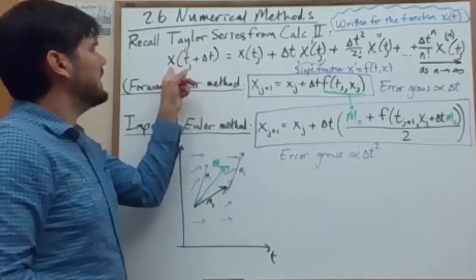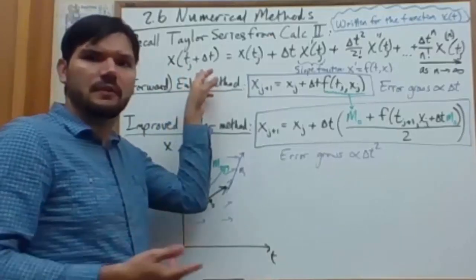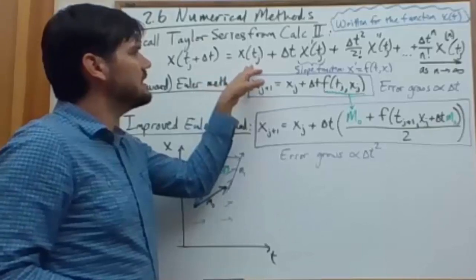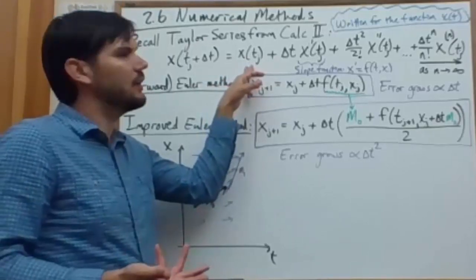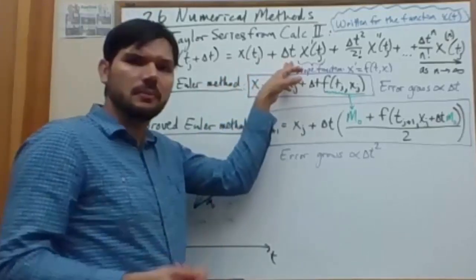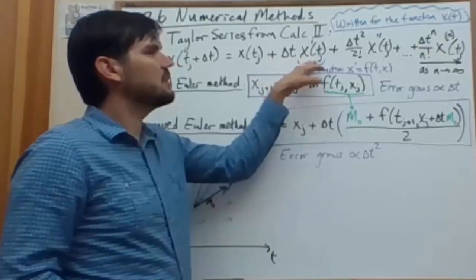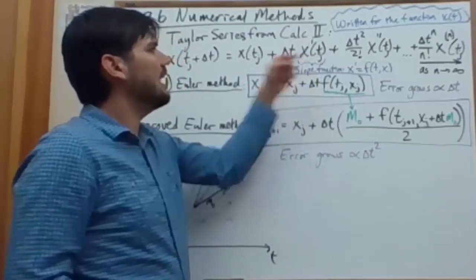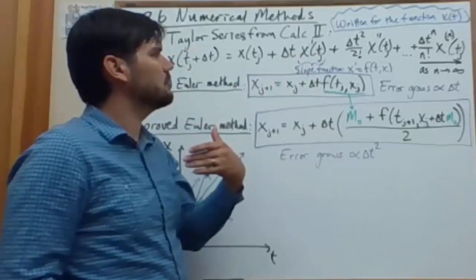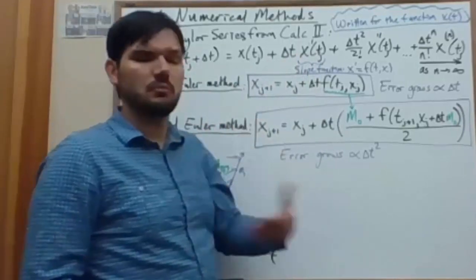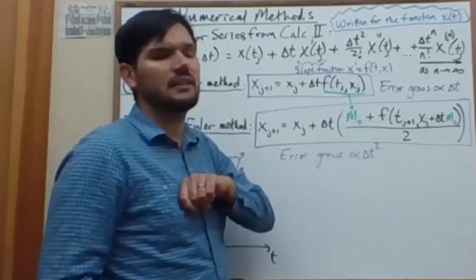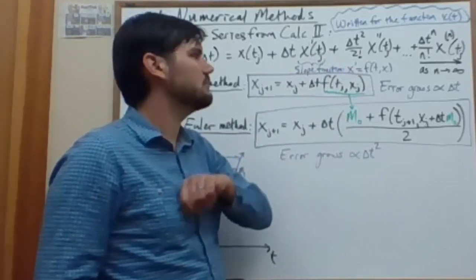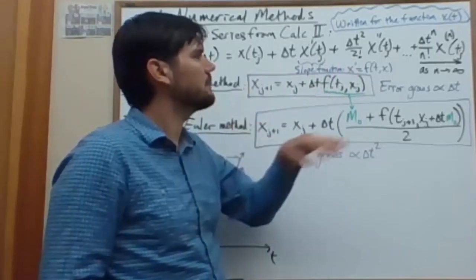So the function x, a little bit away from the point we do know, is equal to the function at the point we know, plus a little bit, delta t, times the derivative, or the slope function we do actually know, at the original point, t sub j, plus more information like delta t squared over 2 factorial. 2 factorial, by the way, is just 2. That's okay.